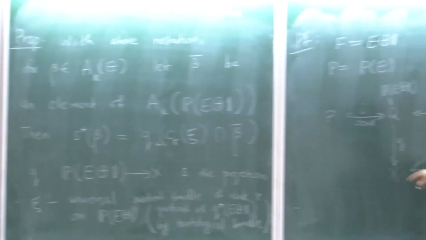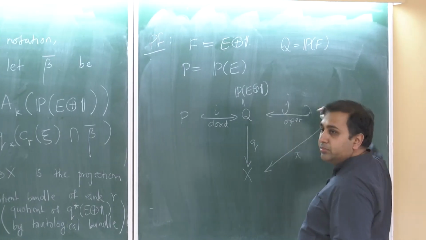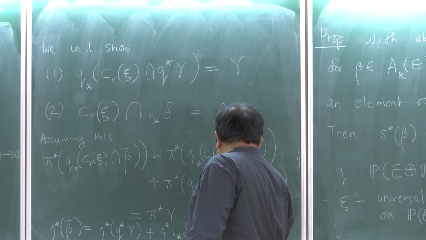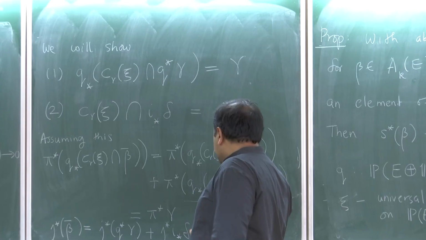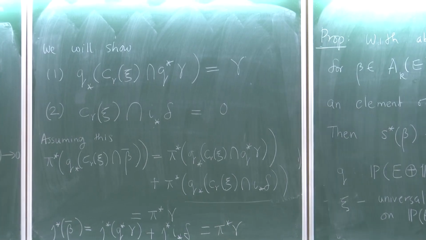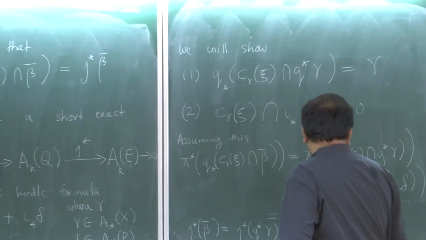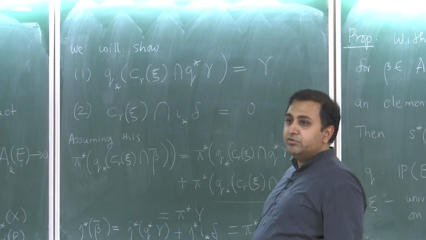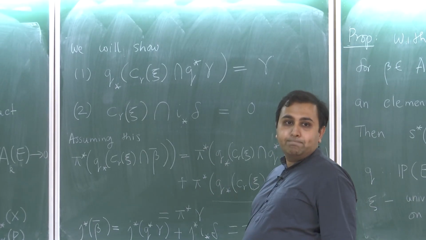First you apply Q upper star and then you apply J upper star, that is pi upper star. So this is equal to pi upper star of gamma, and this is 0 because of this exact sequence. So plus 0. Then these two things will be equal and we will be done.